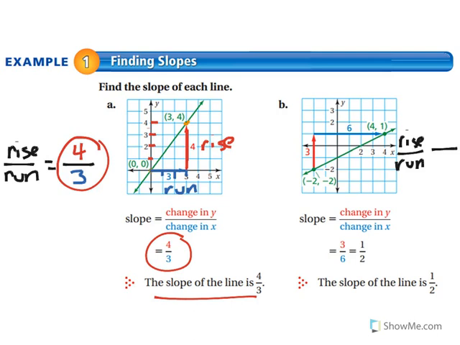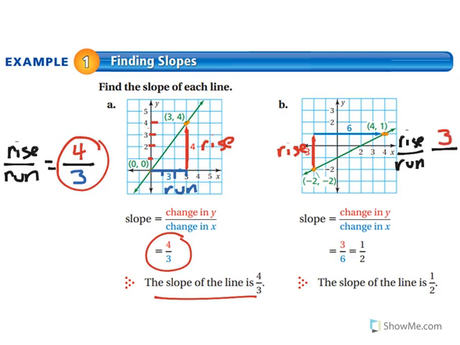We have 2 points we're looking at: negative 2, negative 2, and another point at 4, 1. Starting at the negative 2, we're going to go up 3 squares. This is our rise. Went up 3, so the rise is 3.